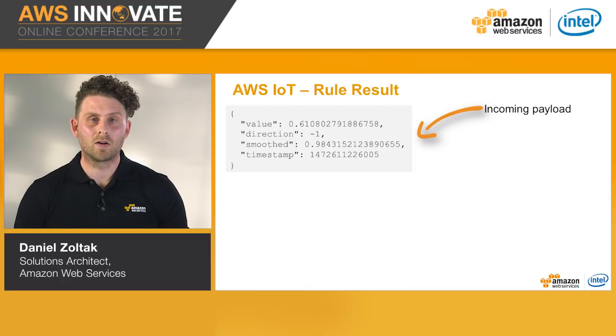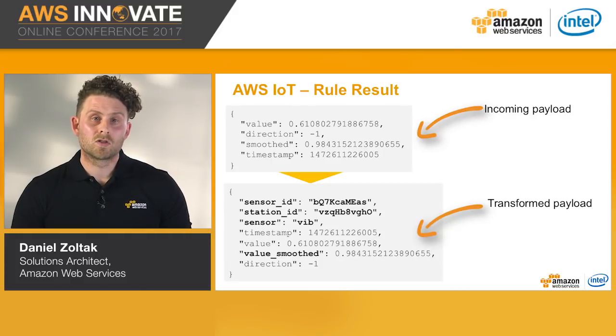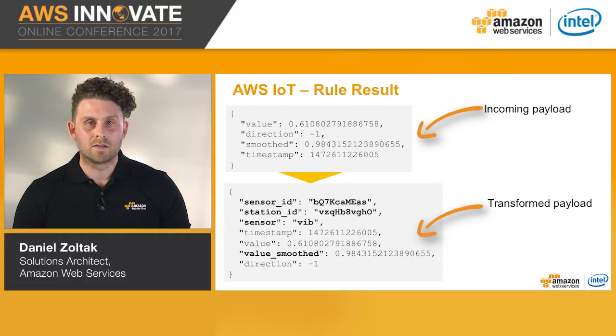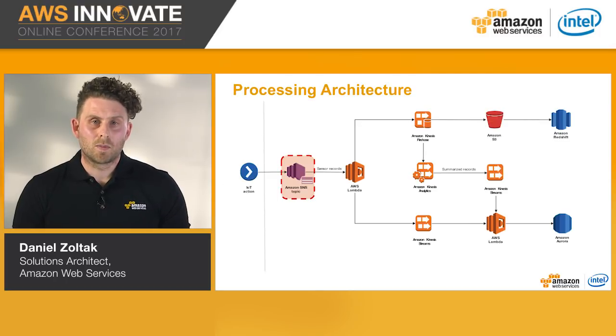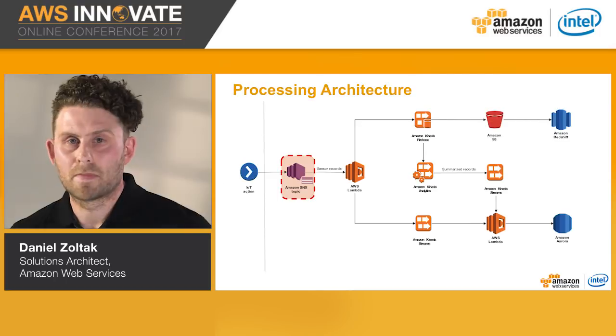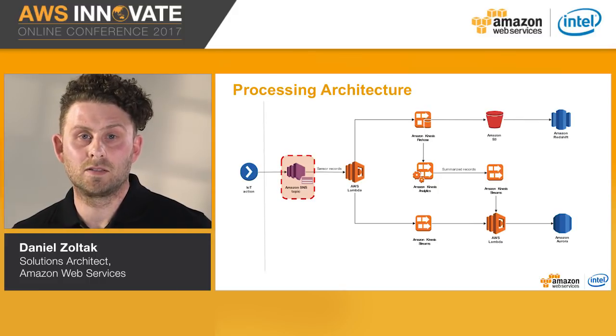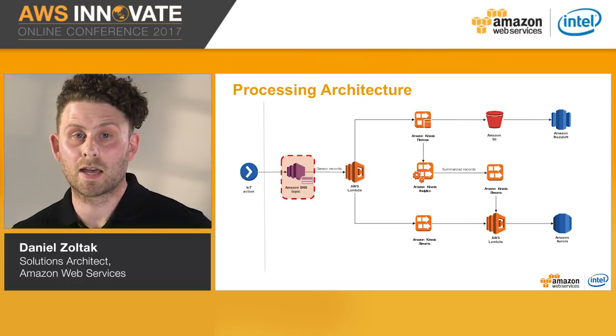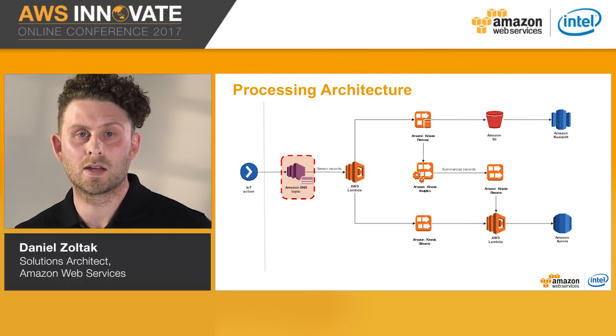Here's the incoming payload. Now let's compare it with the transformed and enriched payload containing the additional sensor metadata. We've leveraged an SNS topic so we can fan out the data. SNS also gives us the ability to invoke multiple Lambda functions to process the data for other use cases or send the data across to another AWS account or third party.